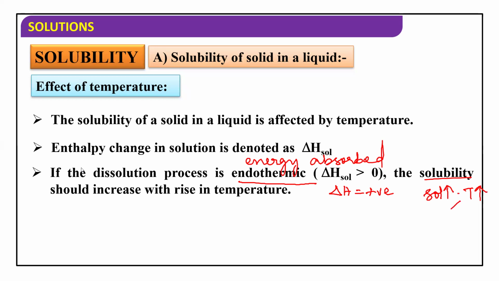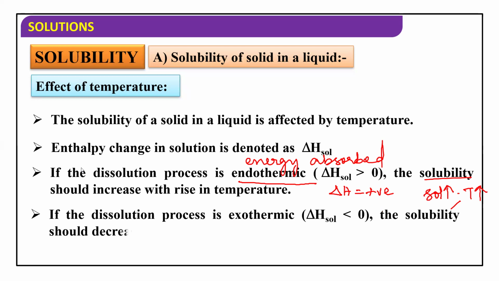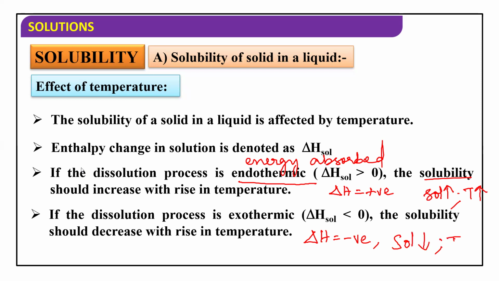Okay. Then if the dissolution process is exothermic, then delta H is less than 0. Delta H value is negative and the solubility should decrease with increase in temperature. Solubility is decreasing with rise in temperature.